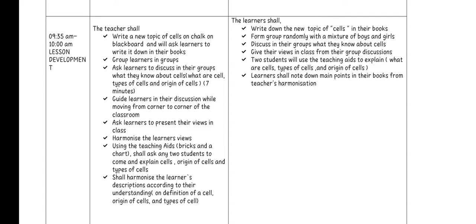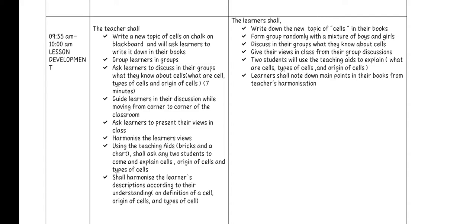A learner using bricks will explain that a cell is a building block, another learner using an animal will indicate that cells are found in animals, and another learner should identify that cells are found in plants using examples of plants.